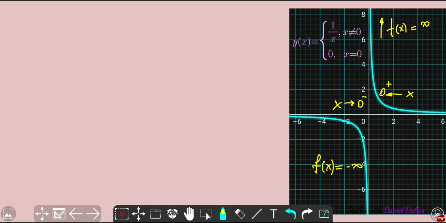Because the one-sided limits don't have a single value, we can state that there is no limit. However, the function can take a value right here because f(0) is defined. f(0) is simply 0.